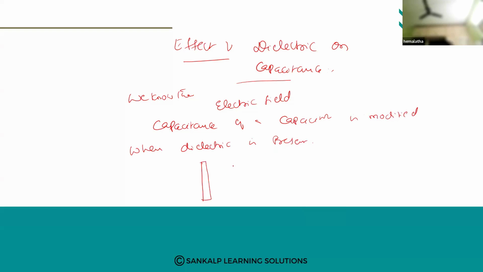So there are two parallel plate capacitors, both having area A. The electric field E is equal to sigma by epsilon naught. Next, the potential difference V naught is equal to E into d.